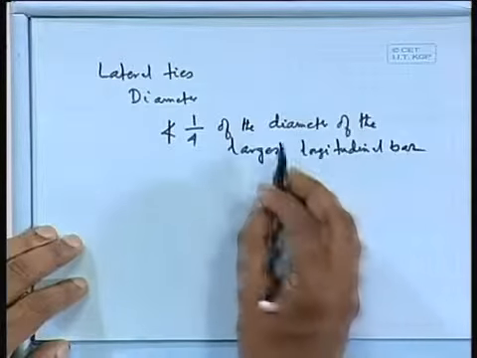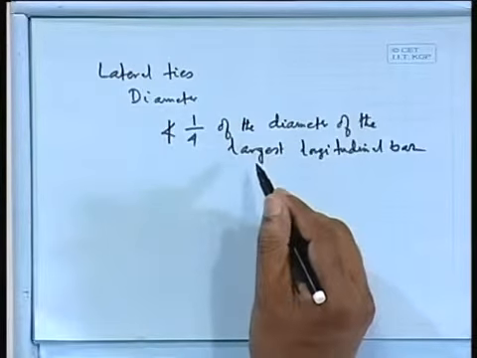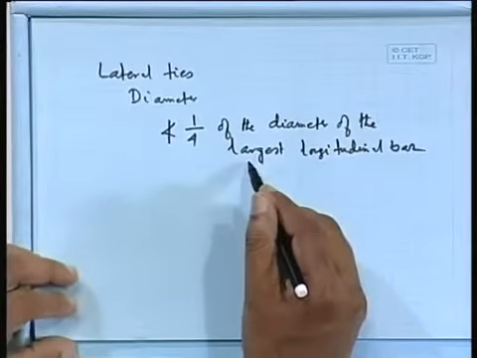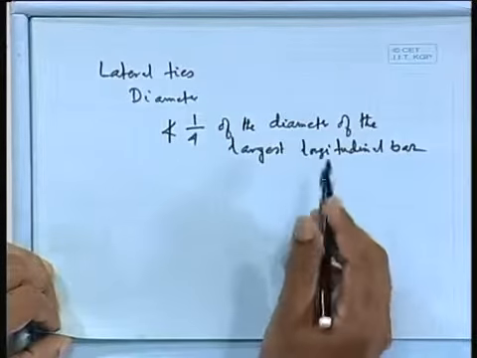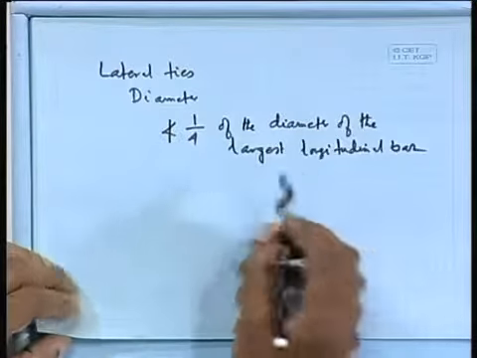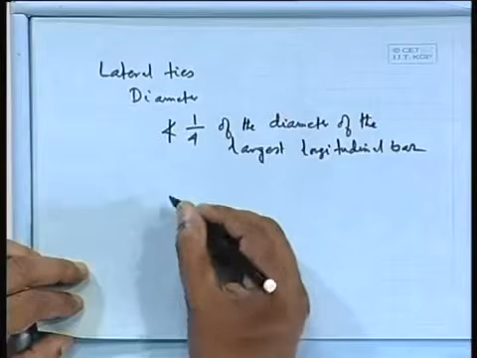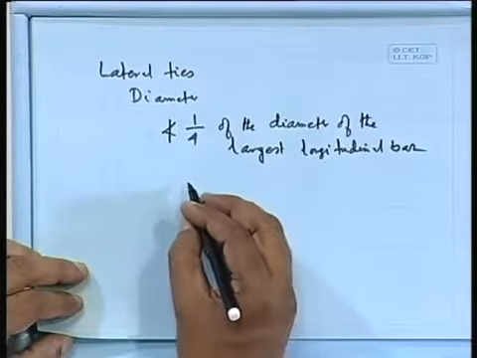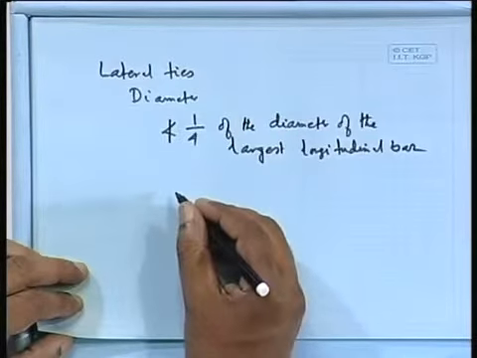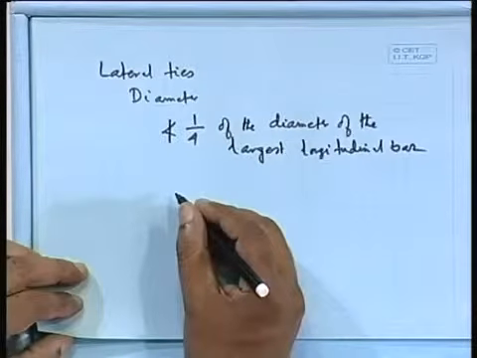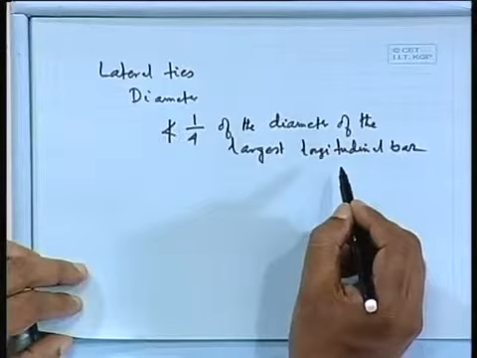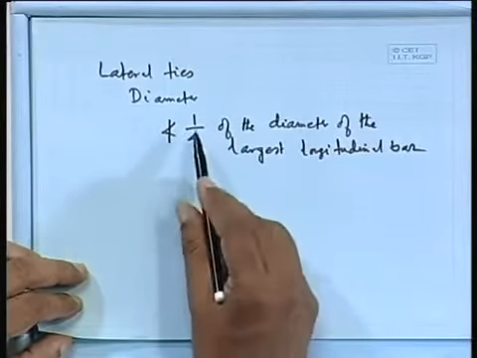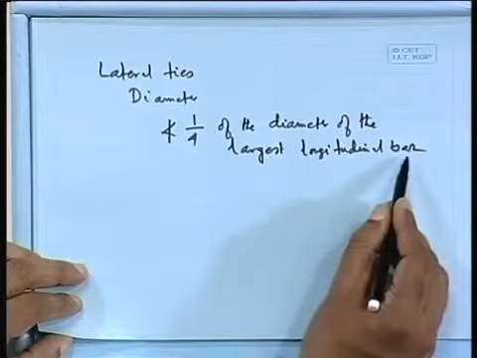Please note here, for spacing we have taken the least and for diameter we are taking the largest. If you have 12 millimeter, 16 millimeter, all those things, you have to take the largest one. So 1/4 of the diameter of the largest longitudinal bar.